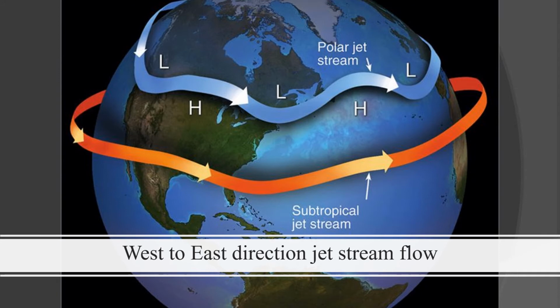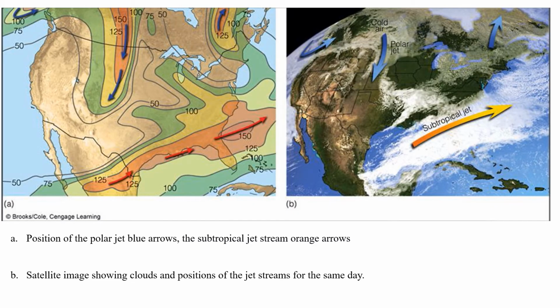In the next slide we will see the looping pattern better by looking at the position of the polar jet stream and the subtropical jet stream at the 300 millibar level, near 9 kilometers or 30,000 feet. These pictures were taken on March 9, 2005.